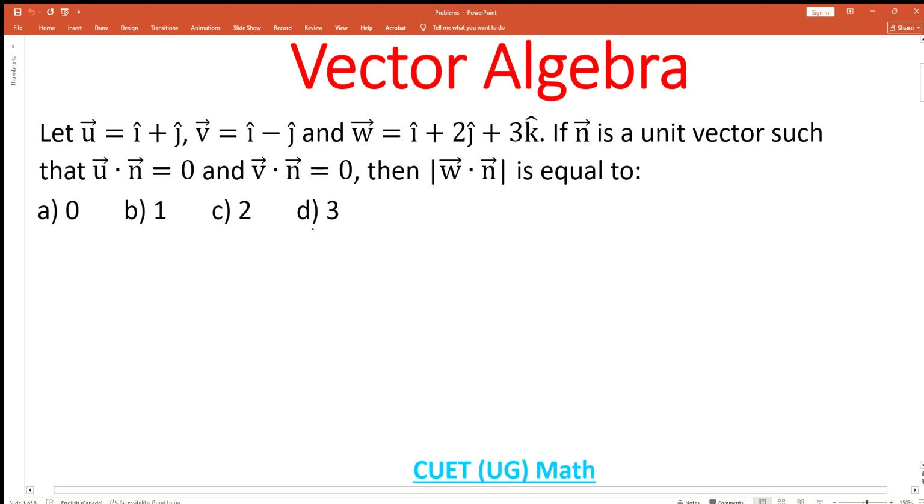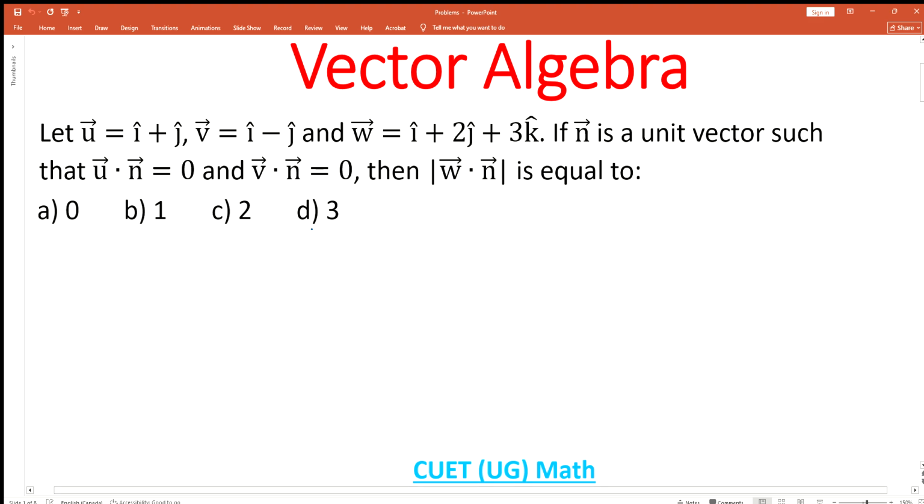Let's start by analyzing the given information. In this problem, we are given vectors u, v and w. We need to find the magnitude of dot product of vectors w and n. In order to find the magnitude of this dot product, we need to know vector n.